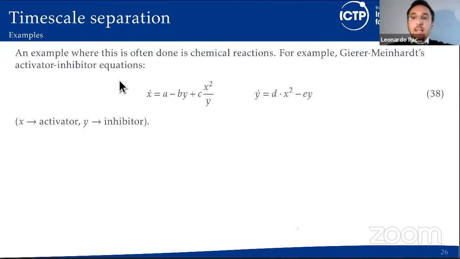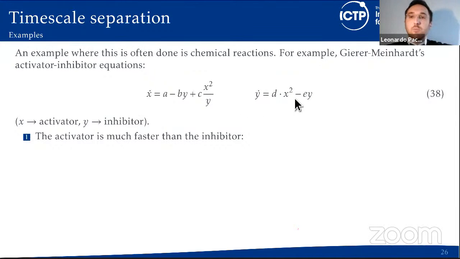So let's assume, for example, that we can tell that the activator is much faster than the inhibitor. For example, let's assume that we know how these molecules are made, and we know that if we raise the temperature of the system, then the activity of the activator is much larger than the activity of the inhibitor.